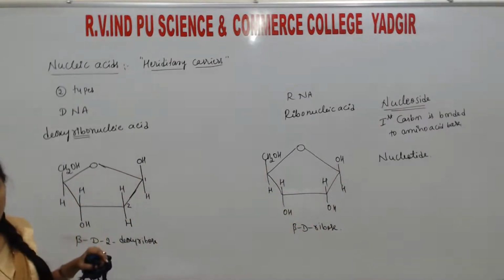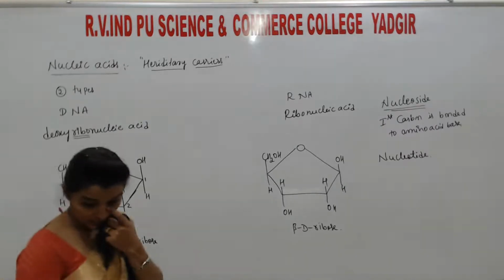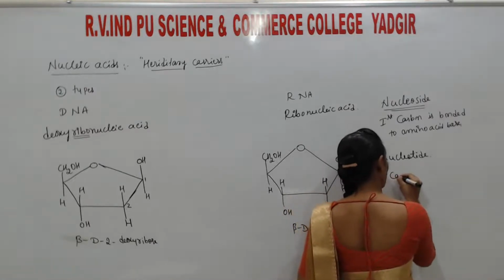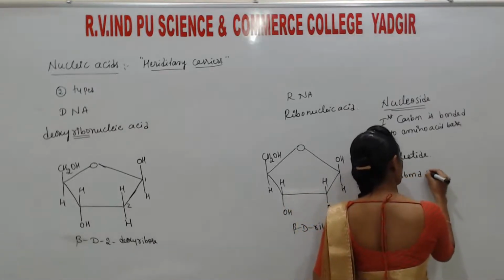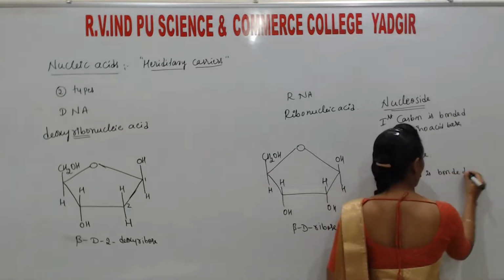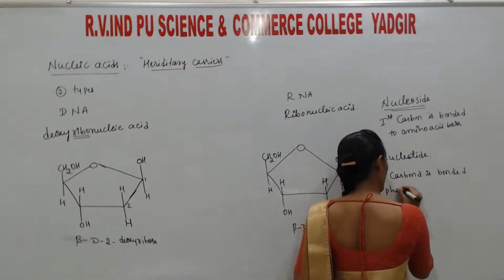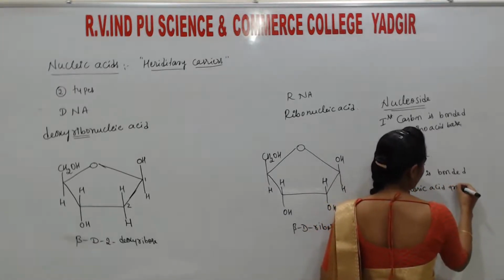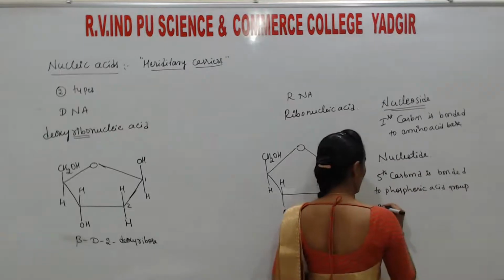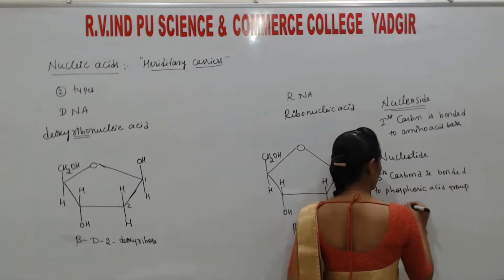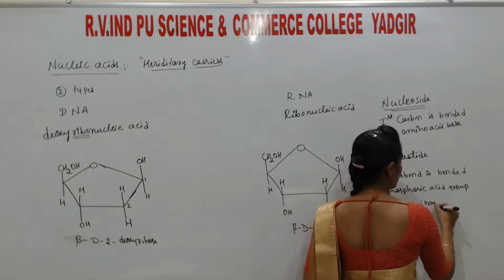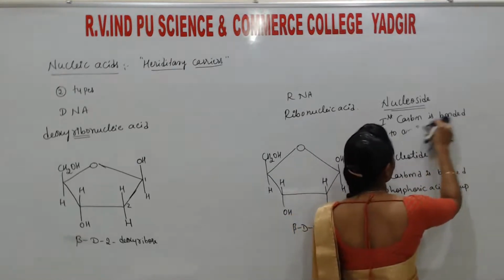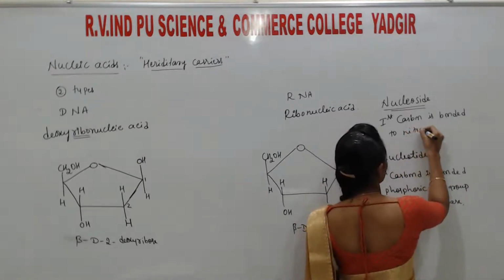The fifth carbon atom. Here the fifth carbon is bonded to a phosphoric acid group along with the nitrogen base.